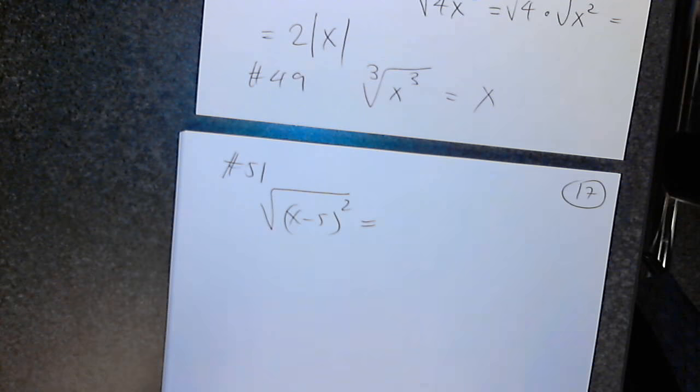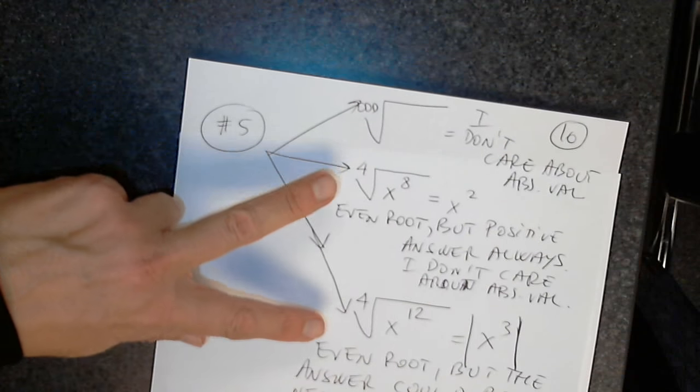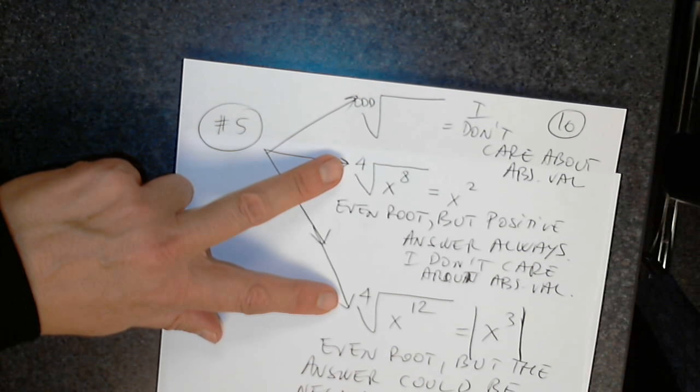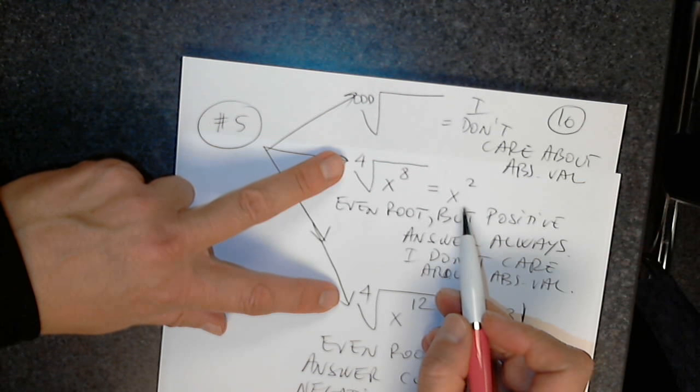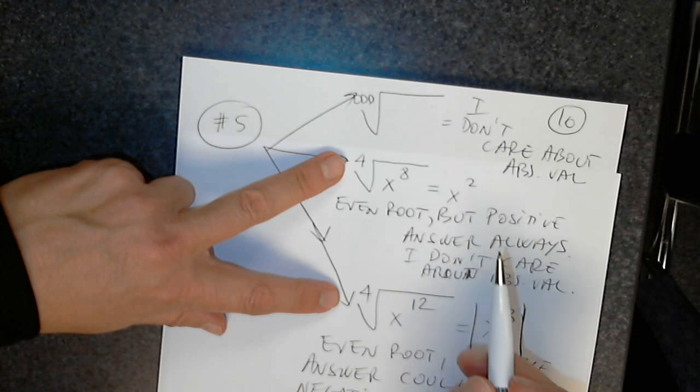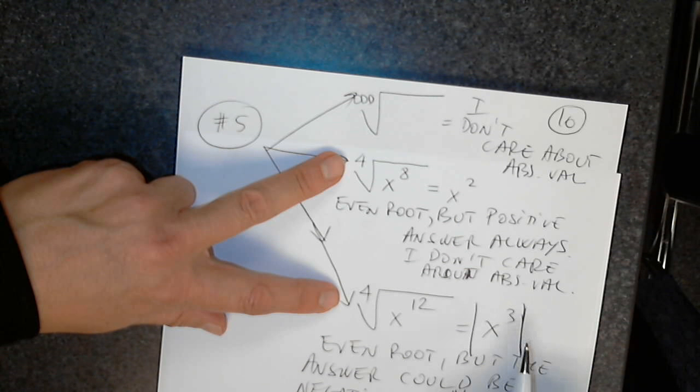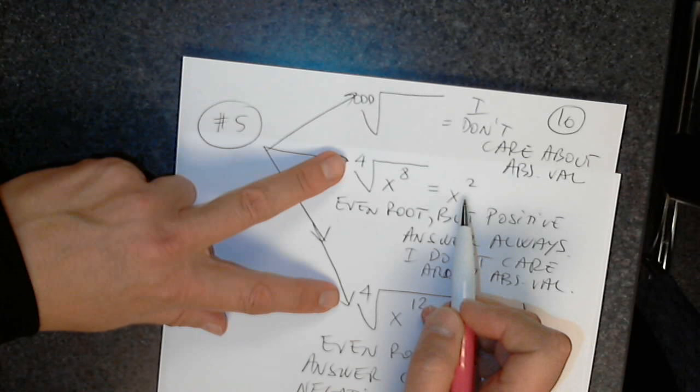Okay, let's go through the options one more time. So either this or this. Can the answer be negative? Then it's this. If the answer can never be negative, then it's this.